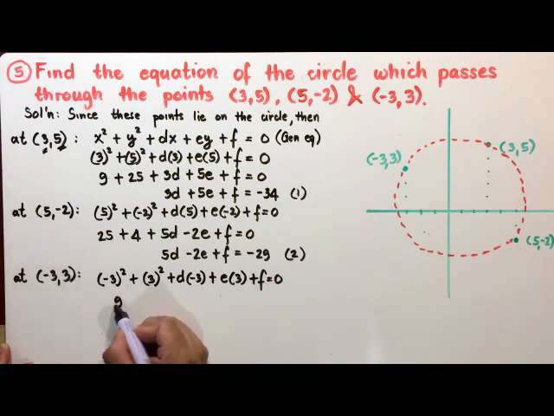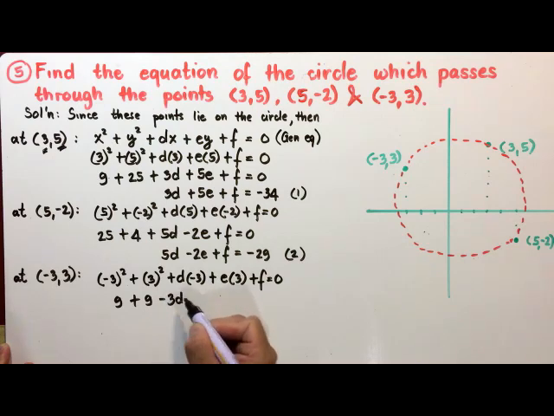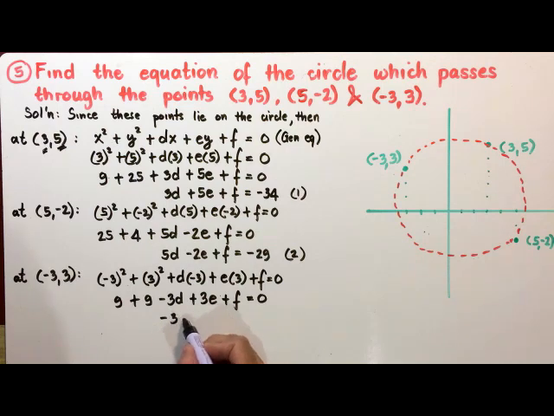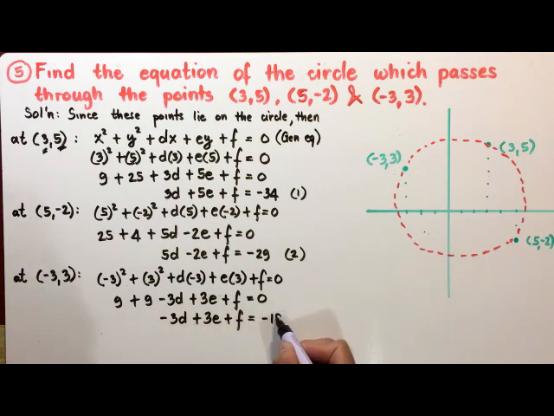So, this is 9 plus 9 minus 3d plus 3e plus f is equal to 0. Applying simple arithmetic, 9 plus 9 is 18, will be here as negative 18 at the right. And this is my equation 3.